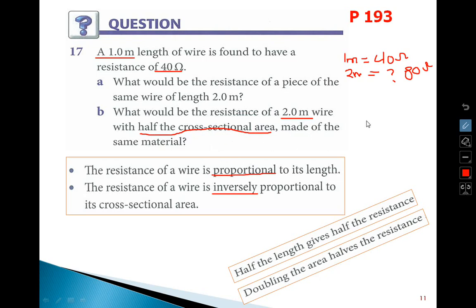So what's the value of R here? I will leave it to you. It's very easy. Just keep those in mind.